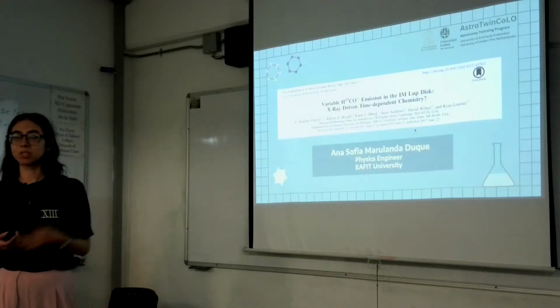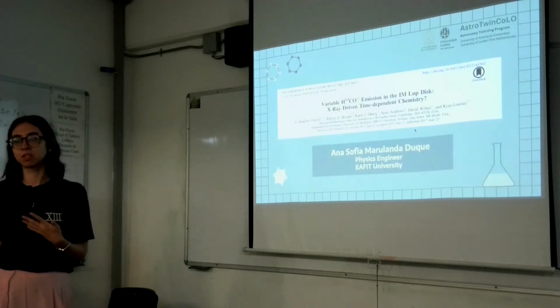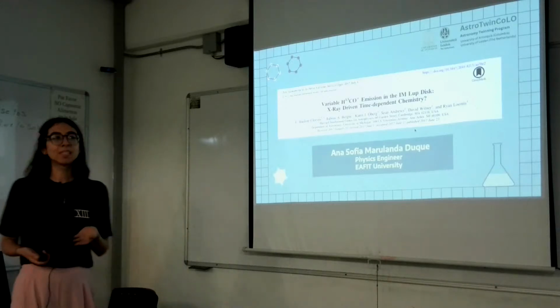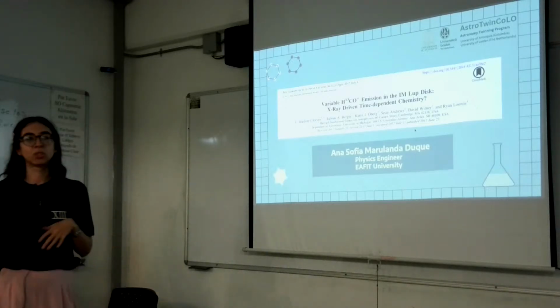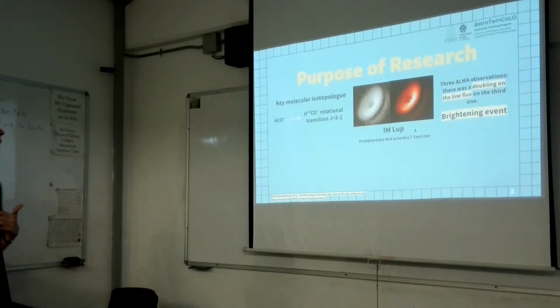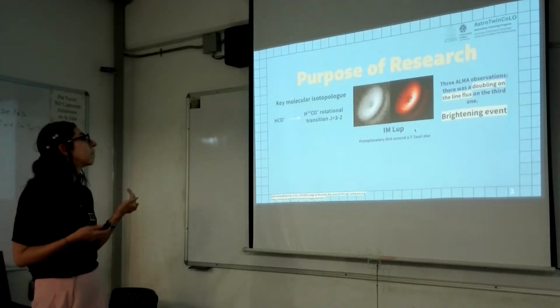The reason why I chose this article is because I do like X-ray astronomy and I wanted to learn more, even though I didn't know much about this chemistry on this type of systems, but I wanted to get myself into this challenge. So first, let's review the purpose of this research. Basically, we have been talking about key molecular ions, right?